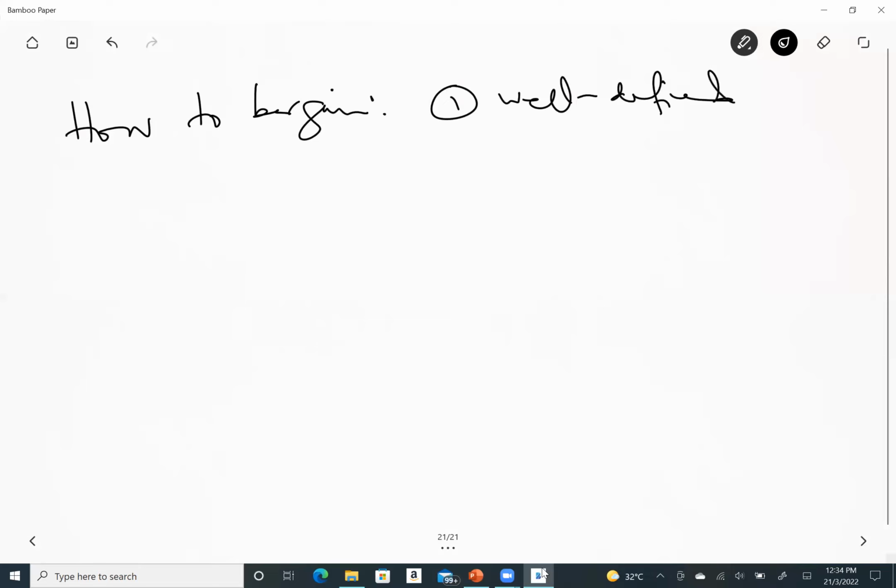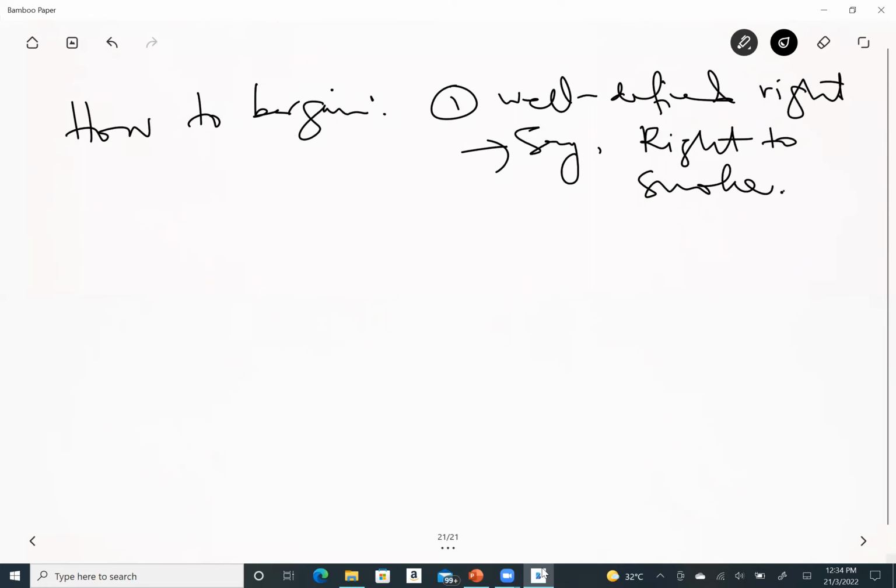You have the well-defined rights, but who has the right? Under the Coase theorem, it doesn't matter who has the right. Now, let's say your friend has the right to smoke. So the right is on the smoker, not on you. But of course, we can do it the other way around.